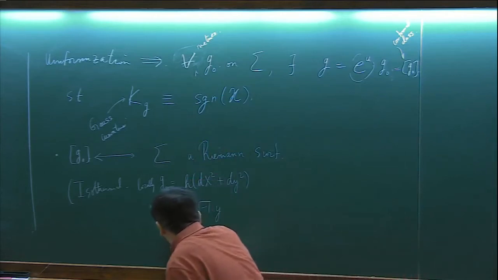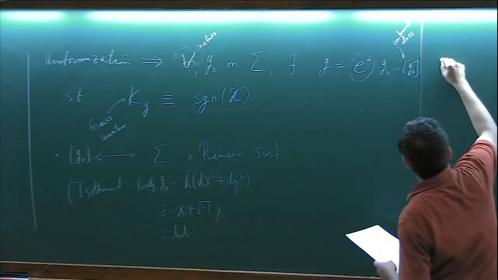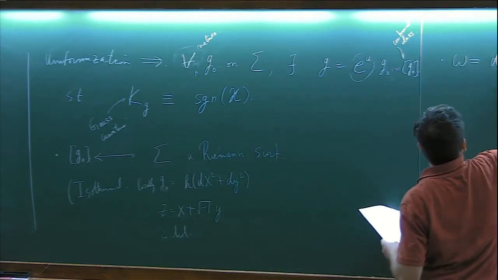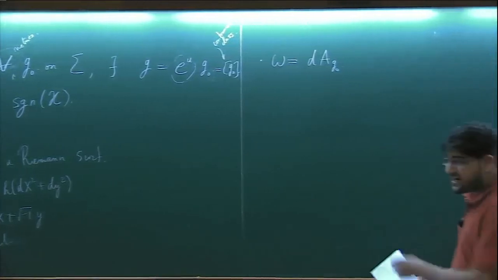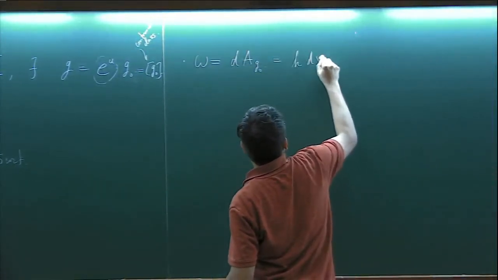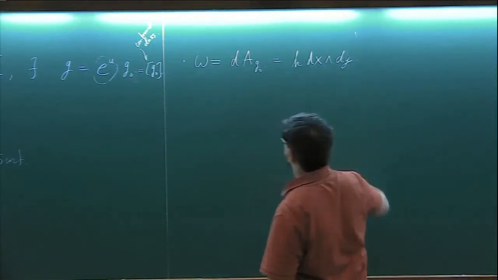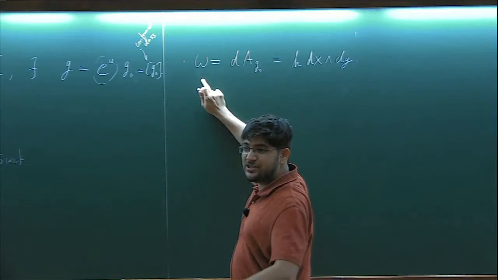So this is holomorphic. And then if you look at the area element of g naught, that gives you a two-form. So this is by definition just h times dx wedge dy, and clearly it's a Riemann surface, so the dimension is 2.